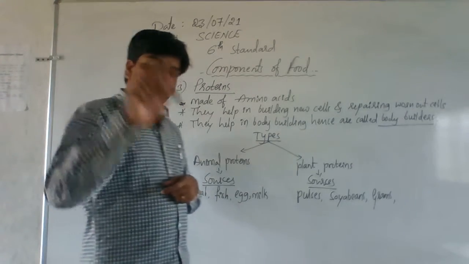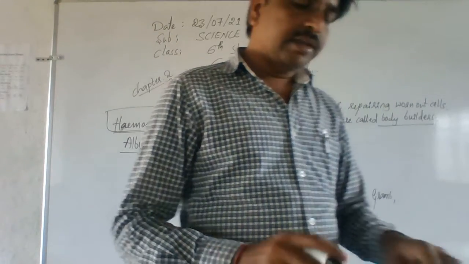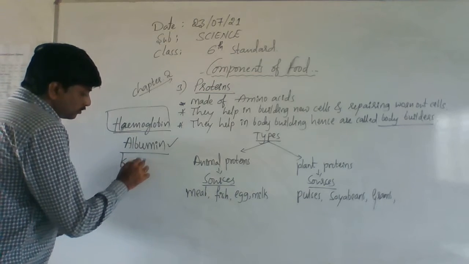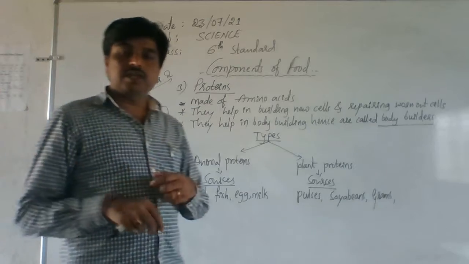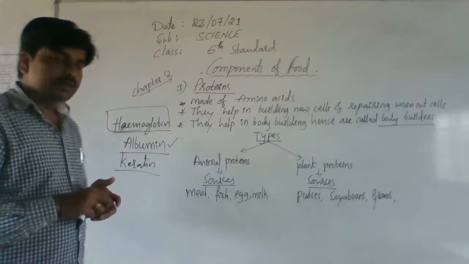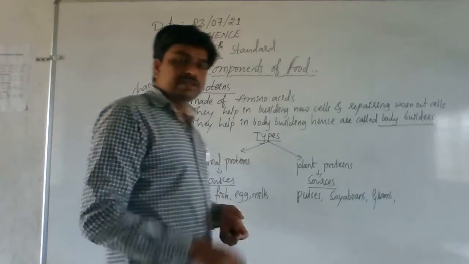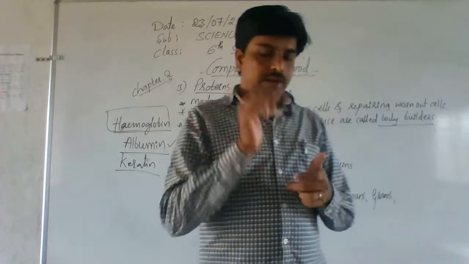And you know, your hair is also specially made up of a protein that is keratin. What is it? Keratin. Your hair and your nails are also made up of a special protein, that is what? Keratin. See, so these are some examples of proteins. Understand? So take any kind of protein.